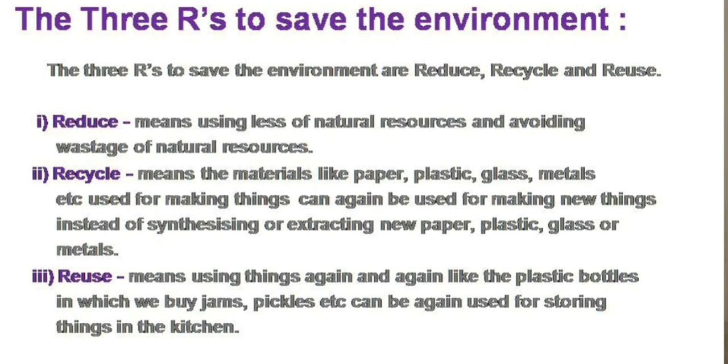When we talk about reduce, it means using less of natural resources and avoiding wastage of natural resources. When we talk about recycle, it means the materials like paper, plastic, glass, metals used for making things can again be used for making new things instead of synthesizing or extracting new paper, plastic, glass, or metals.